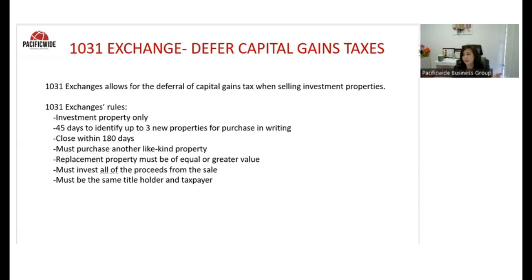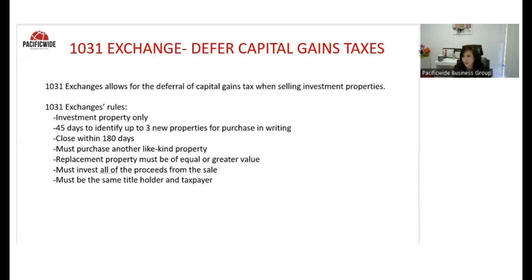But normally, when you sell the rental property at closing, before you give the key to the buyer, the title company will hold a portion of the profit that you make from selling the property as your capital gains tax. They hold it right then and there.